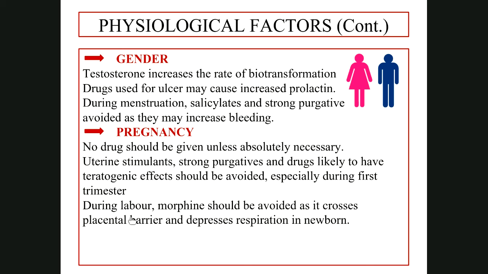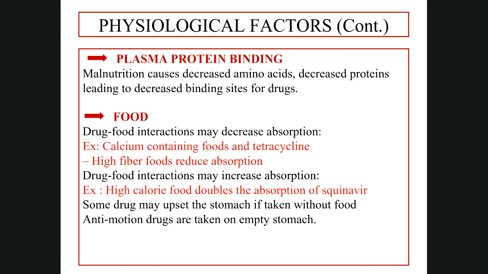And during labor pain, morphine should not be given, because morphine is a very strong painkiller, but if it is given, it will cross the placental barrier and depress the respiration of the newborn. So always during pregnancy, unless and until it is necessary, drugs should not be prescribed.